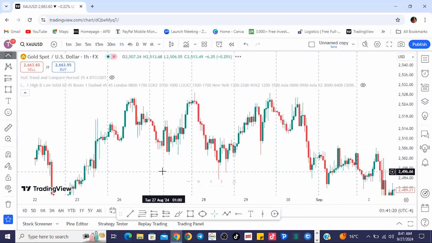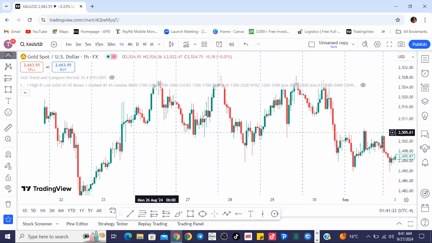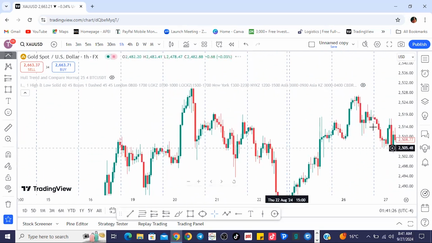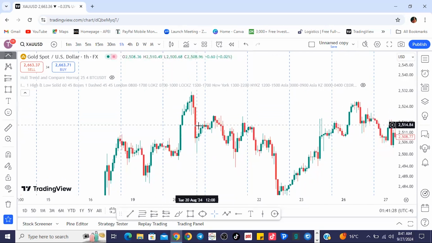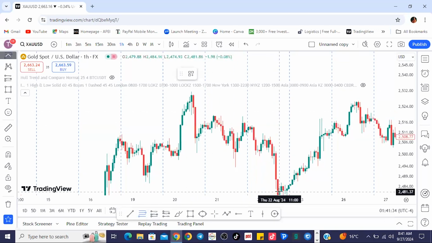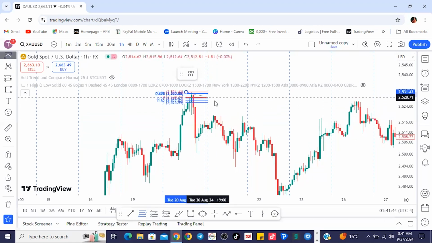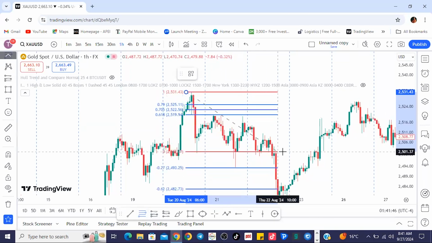So when you look at this particular instance, let me see where we have a very nice downtrend, all right? Once you have established this as a trend, what you need to do is look at the swing high. You draw from the swing high to the swing low, all right?